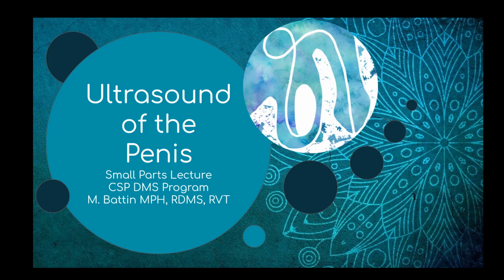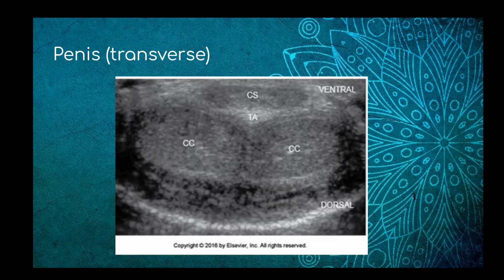Let's take a look at what the normal penis looks like. When we are scanning the penis, we'll usually have it flipped up so the ventral surface is what is being scanned. That's what's going on in this picture here. We're on the ventral side. Remember, the corpus spongiosum is on that ventral side, singular, and then we have the corpus cavernosa, two chambers on either side.